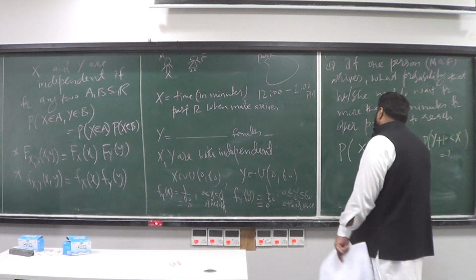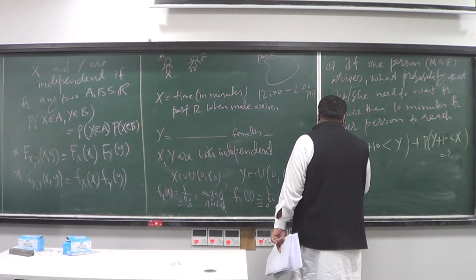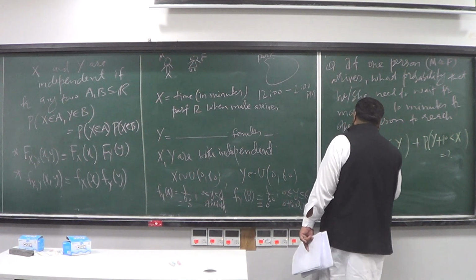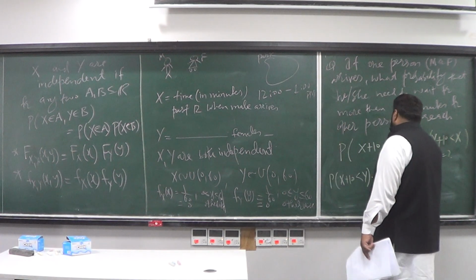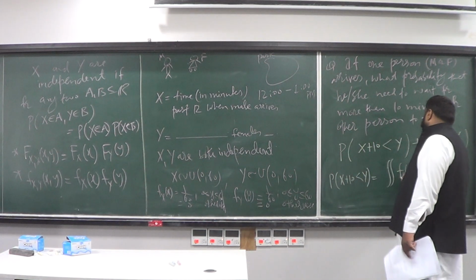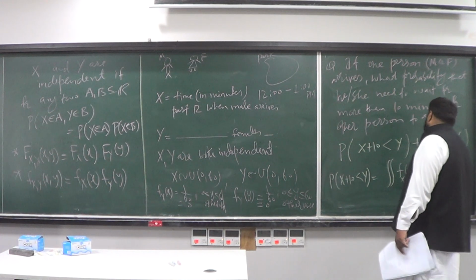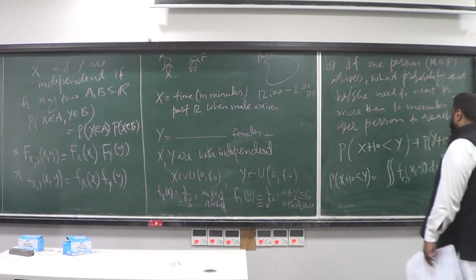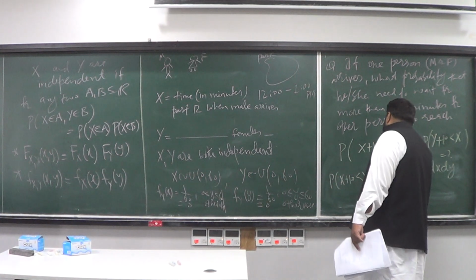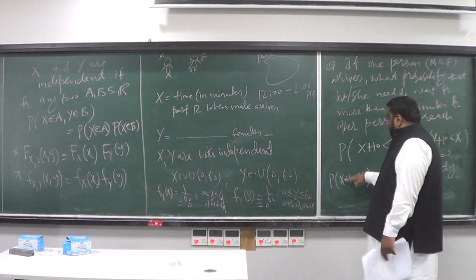So imagine I want to compute this: the probability of X plus 10 less than Y is going to be equal to the integral of the joint PDF, dx dy, over some region R. R is the region that is spanned or covered by this inequality.